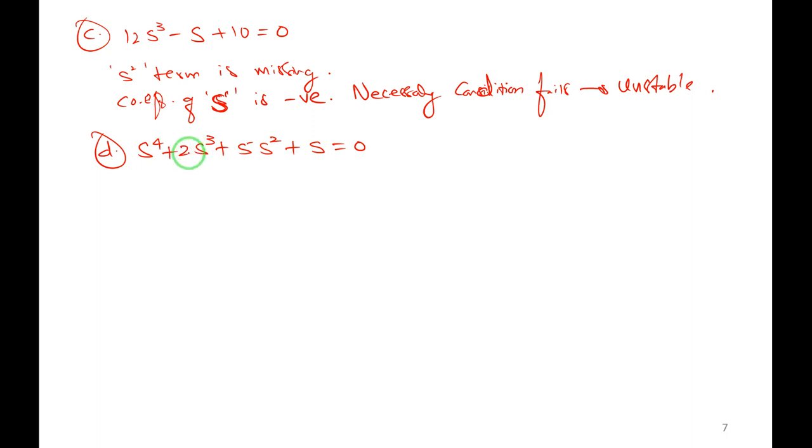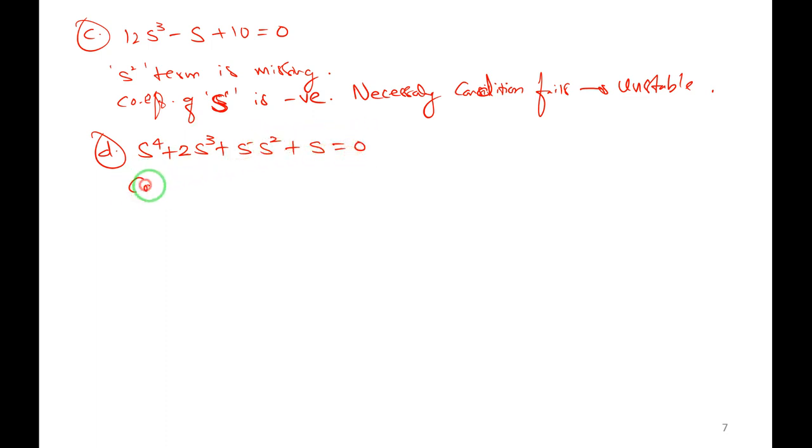Unstable. Why is it unstable? Can you tell? S raised to the power 0 term, the constant term, is missing. Yes, good. Observe, the highest power of s is 4, then s cube, s square, s power 1. The s power 0 term should have something, like plus 1 or plus 2, but that term is missing.